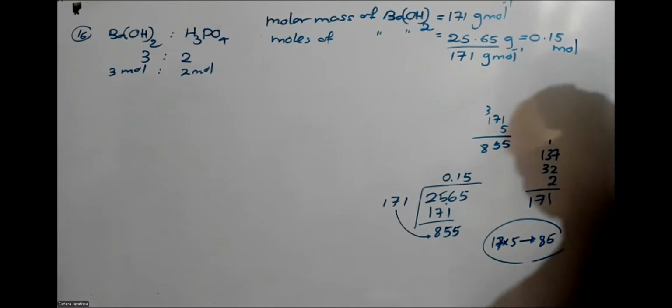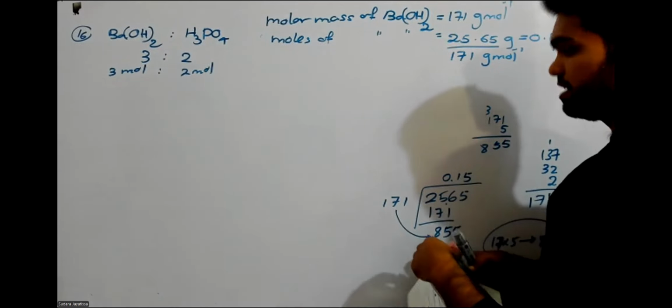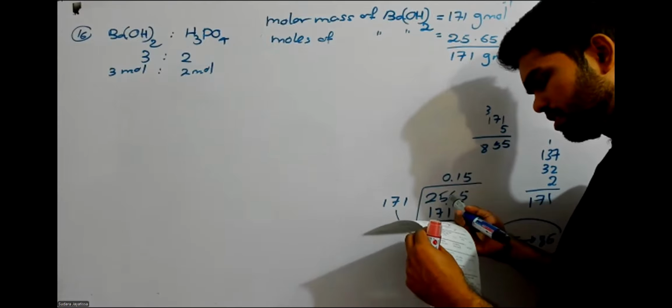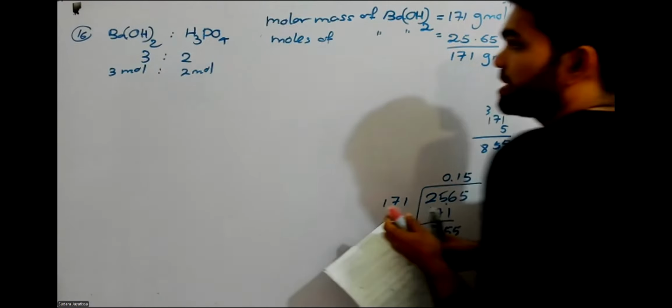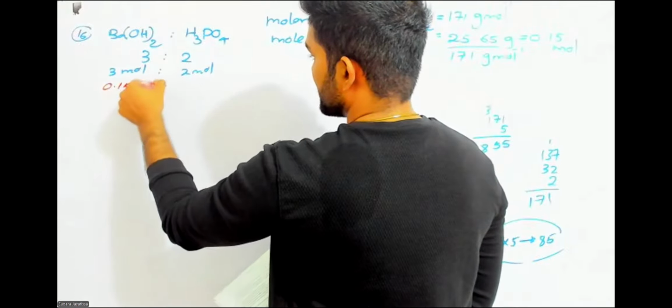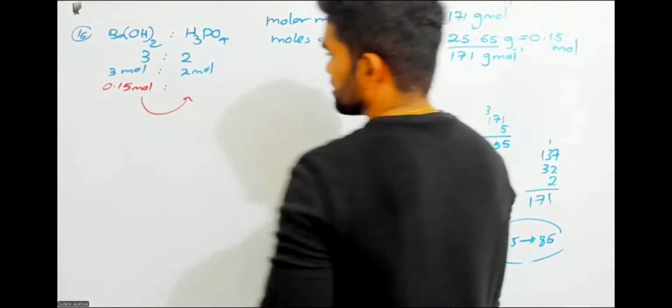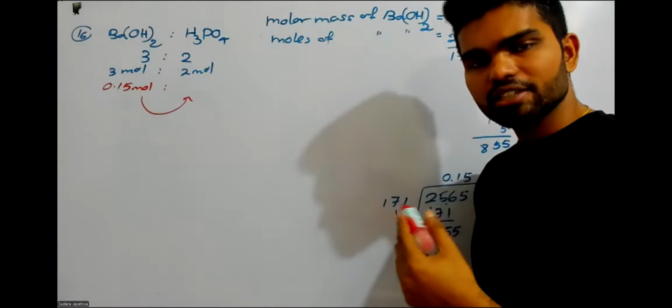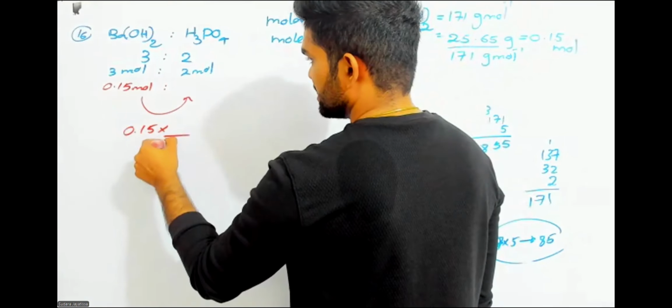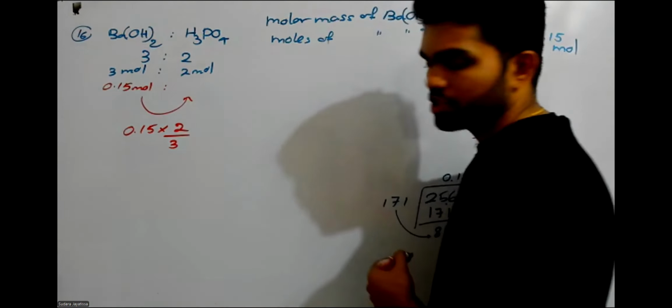Then apply the ratio. It is just asking for the moles. 0.15 moles are there. So how many moles of this one? Simply direct proportions: divide by its own stoichiometry and multiply by the required stoichiometry.